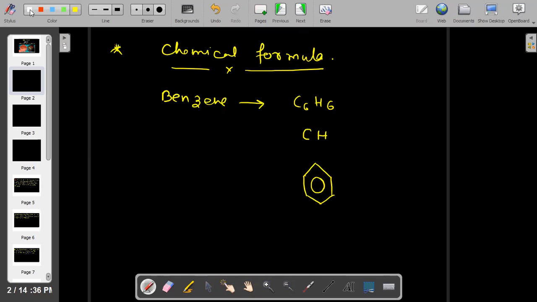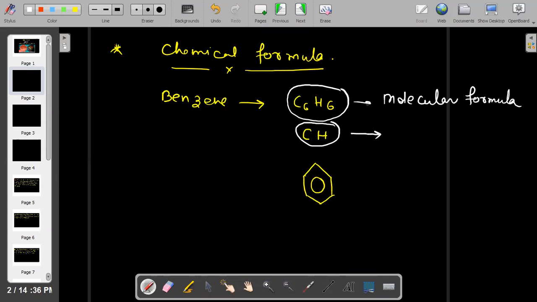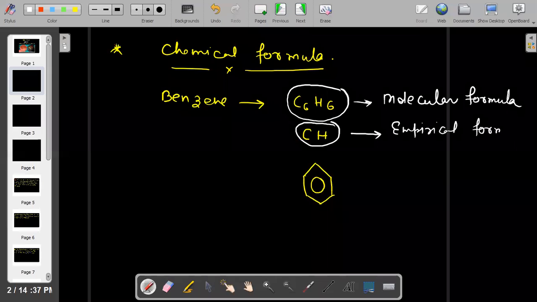Now, what do we observe in this case? This C6H6 is called the molecular formula. Always remember, this is called molecular formula. The simple ratio of C6H6, the complete simple ratio, is called empirical formula.